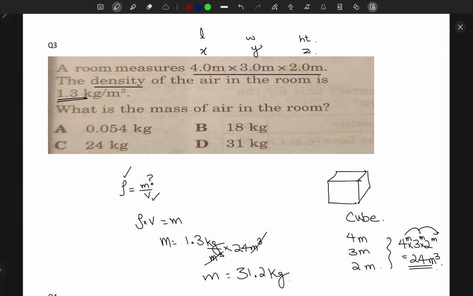All right. So you can see over here you have some options. 31.2 really doesn't exist, but the closest option to 31.2 is 31 kilograms, right? If there is any question, you were saying something?